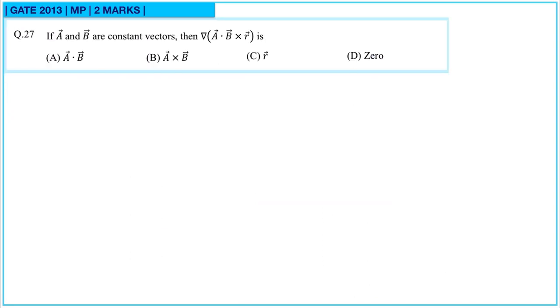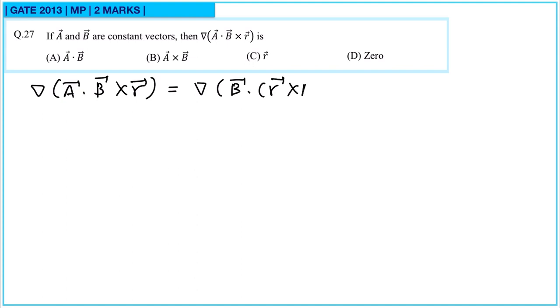Next, if a bar and b bar are constant vectors, then del of a bar dot b bar cross r bar is. Now we have del of a bar dot b bar cross r bar. So this is a triple product which can be written as b bar dot, then we have r bar cross a bar. Or this can also be written as del of r bar dot a bar cross b bar.